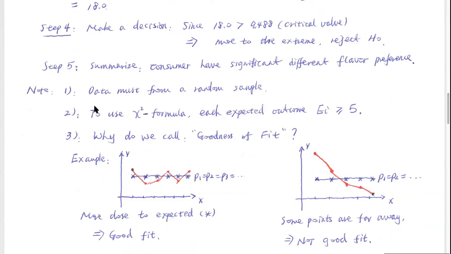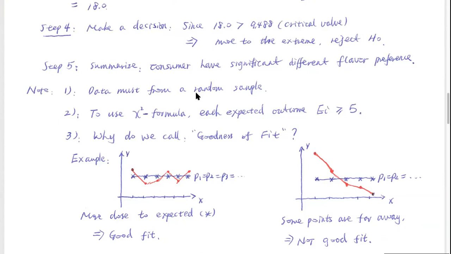Some notes I want to put here. Number one, the data must be obtained from a random sample. At the beginning, we said we're asking 100 random consumers. Random consumers means you want to cover the potential population for your market research.